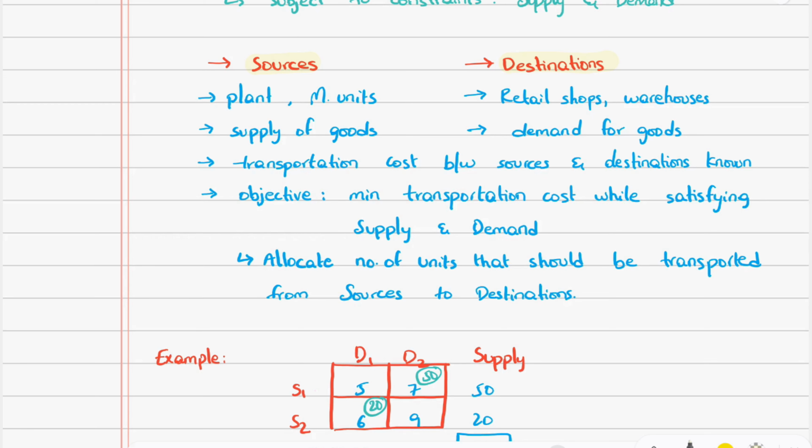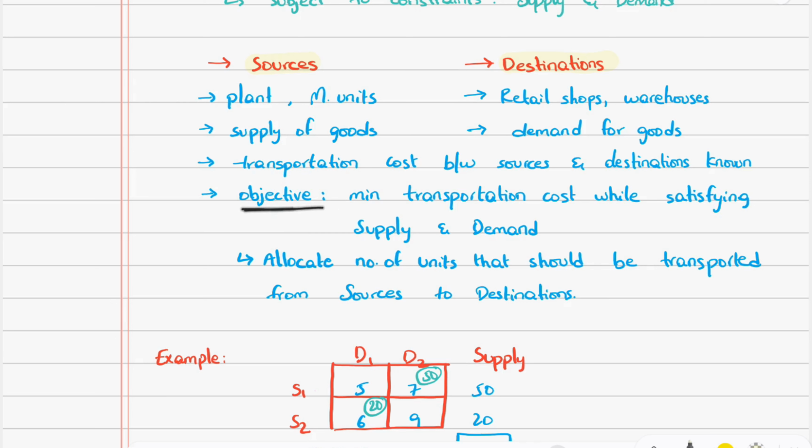So basically, there are some sources where there is supply of goods. There are some destinations, call it customers, they have demand for these goods. In a typical transportation problem, the transportation cost between sources and destinations are known. So our job is to transport these goods from different sources to different destinations.